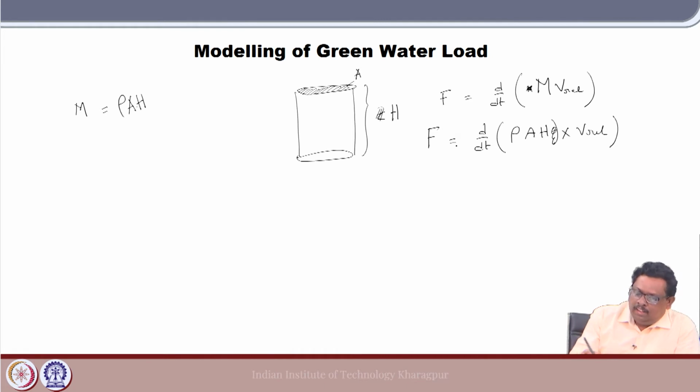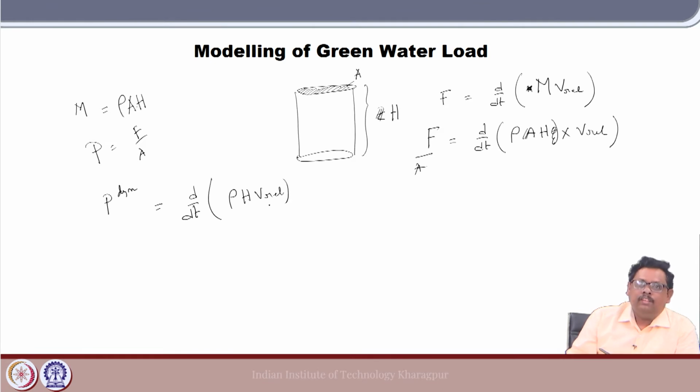Now, pressure is nothing but force per area, so I can call this P dynamic. The dynamic pressure can be written as, if I divide this by A, d/dt of rho into H into V relative.